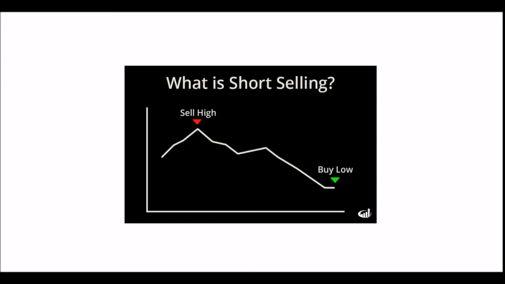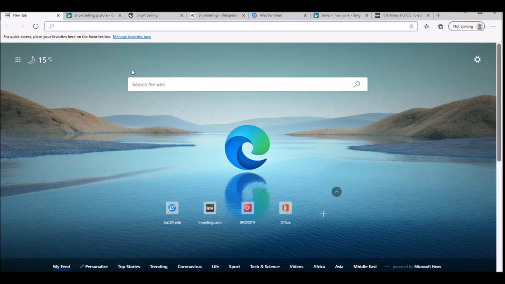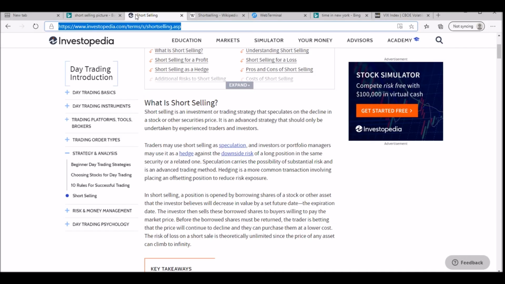Before we proceed, let's understand the basic term and what exactly it means, so that we understand it better. Let's go to our favorite website, Investopedia. What does Investopedia have for us? Investopedia says short selling is an investment or trading strategy that speculates on the decline in a stock or other security price.